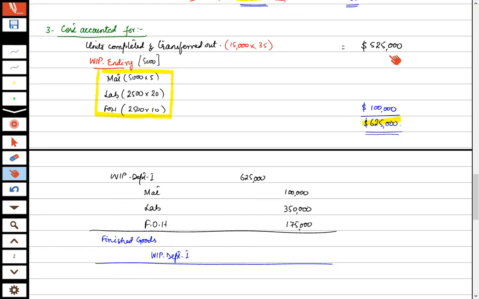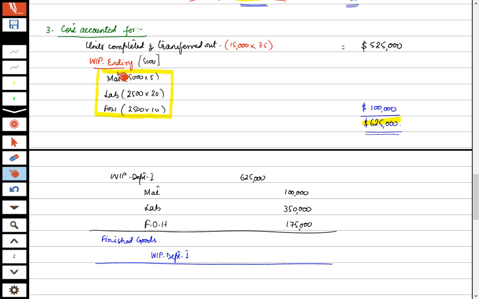We have transferred the total units that are completed. Completed means they are finished. Finished does not mean they are destroyed. That is not finished. Finished goods means the ready product. So the cost of that finished good, the completed products, is 525,000.